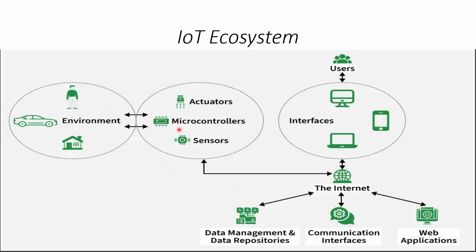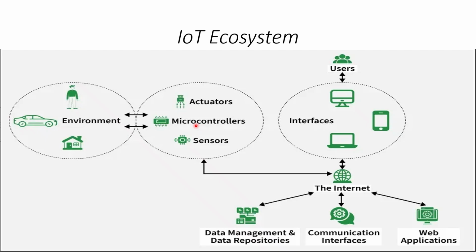And next we come to microcontrollers, which act as the brain of the IoT system. It receives the data from the sensors, processes it, and controls the actions based on the programmed logic. Examples: Arduino, Raspberry Pi, NodeMCU.